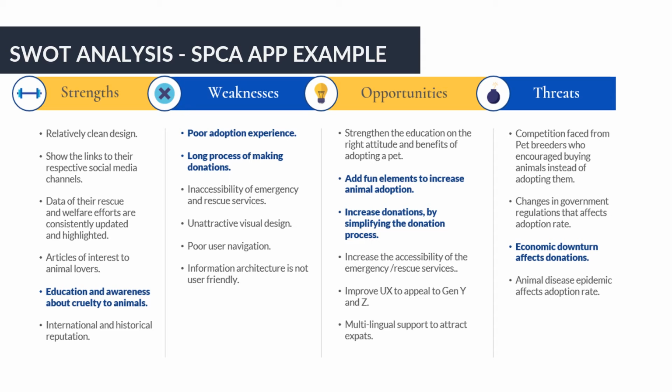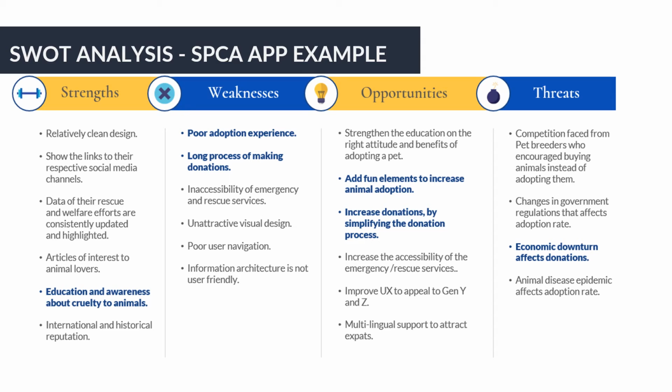Again, it could be how the app was laid out, it wasn't user friendly, etc. So the process for one to make a donation was just complex, and it would maybe result in people not making donations at all. So these were the two big key weakness areas, which can be analyzed and turned into strength or turned into opportunities.